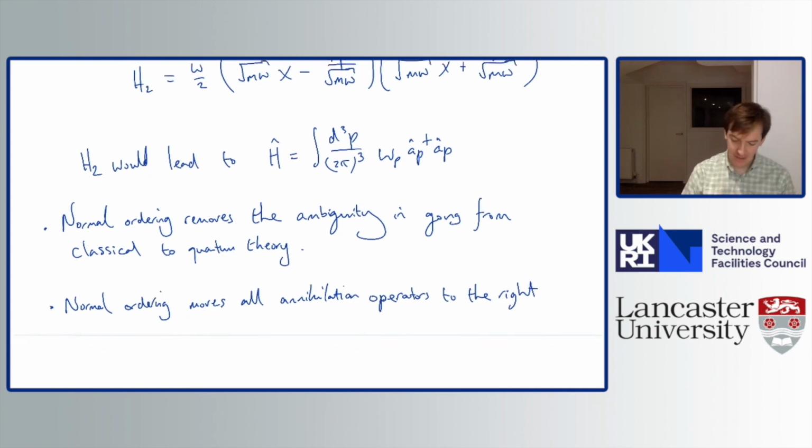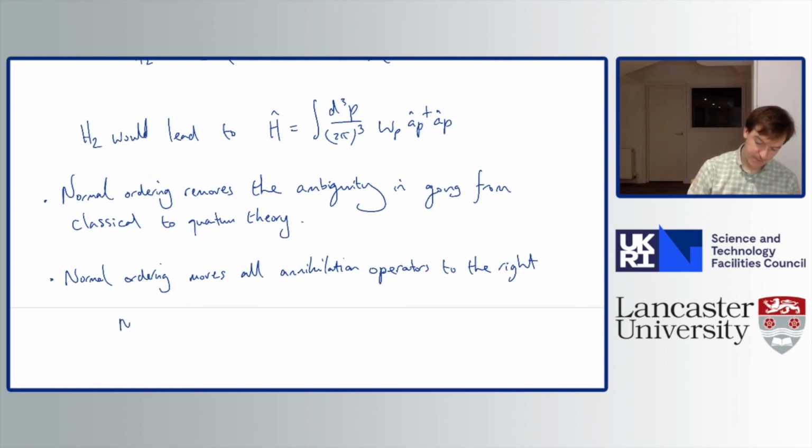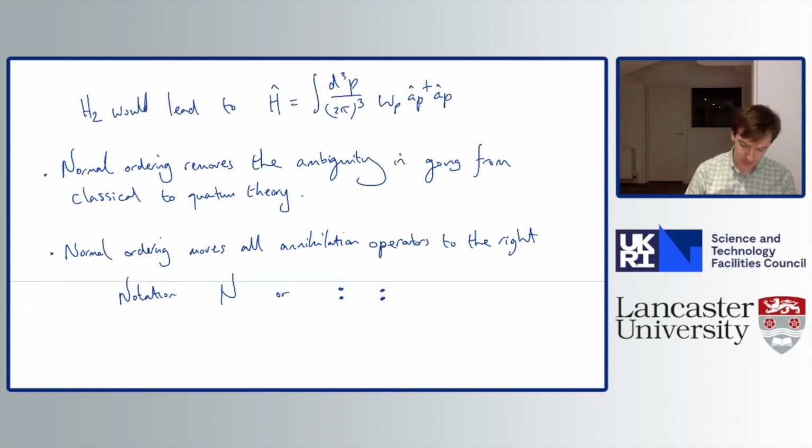Okay? So the notation we use is that we write either N, with the fields that we want to normally order written beside the N, or many books use this funny double colon structure. Let me give you an example. If we want to do the normal ordering of the following product, so let's do A, A dagger.